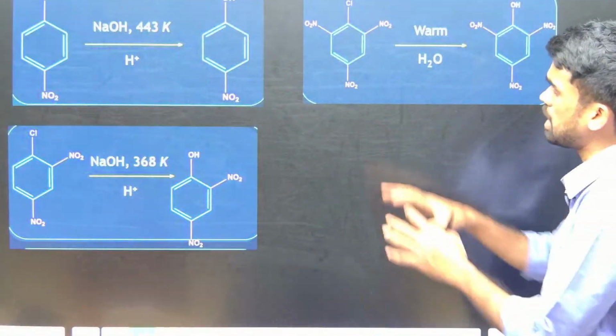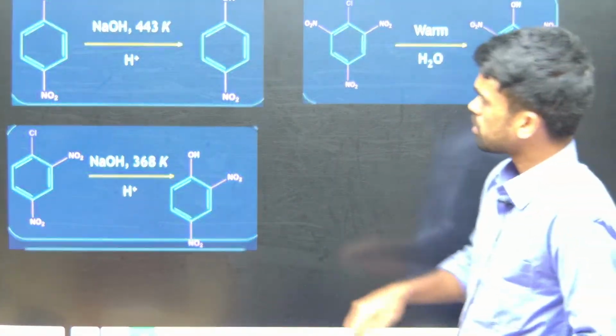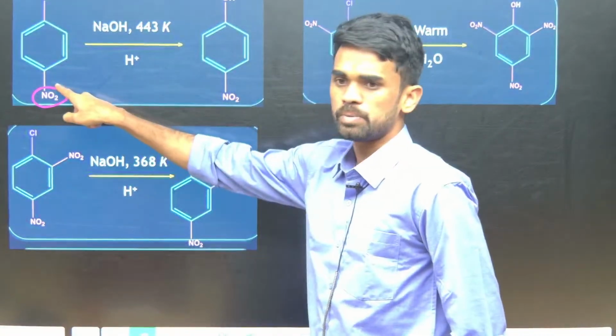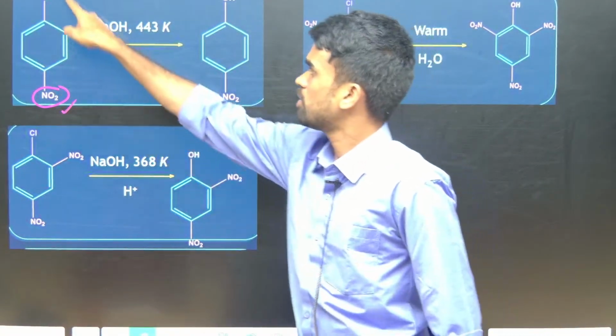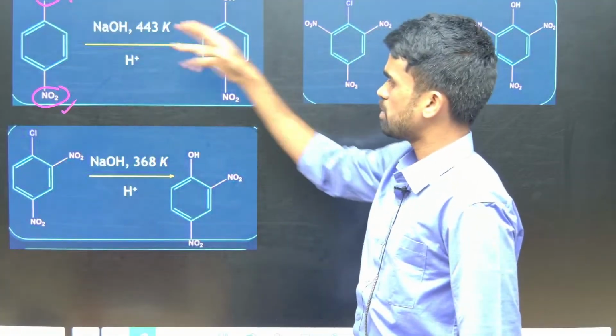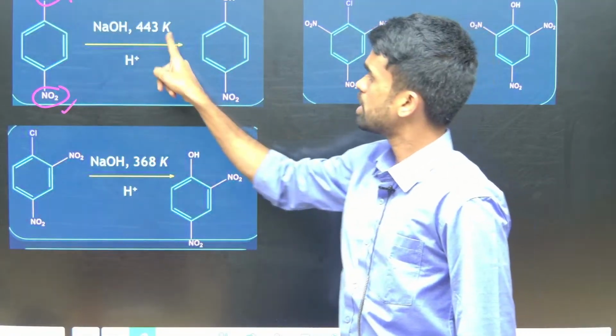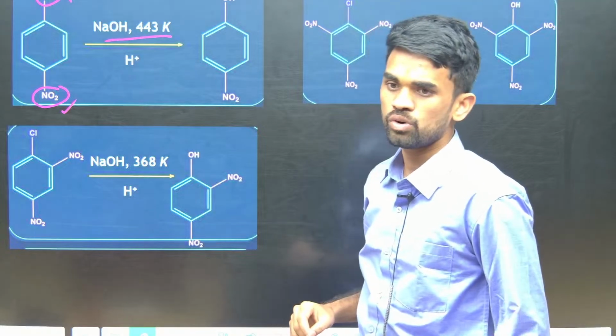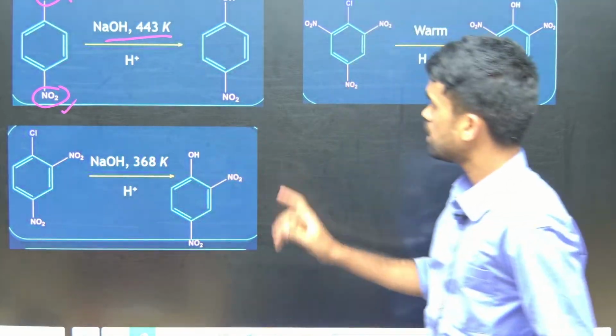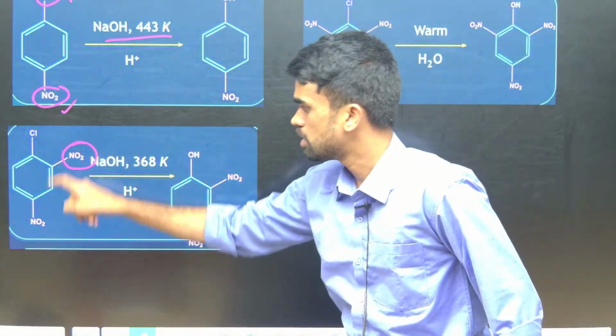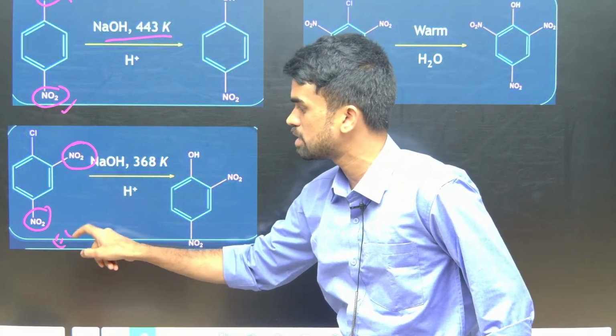So here I have an experimental order. There is one nitro group, an electron withdrawing group, and one chlorine. What is the transformation from here to here? The reaction is taking place at 443 Kelvin. Now if you see, there are two nitro groups, it means two electron withdrawing groups in this case.